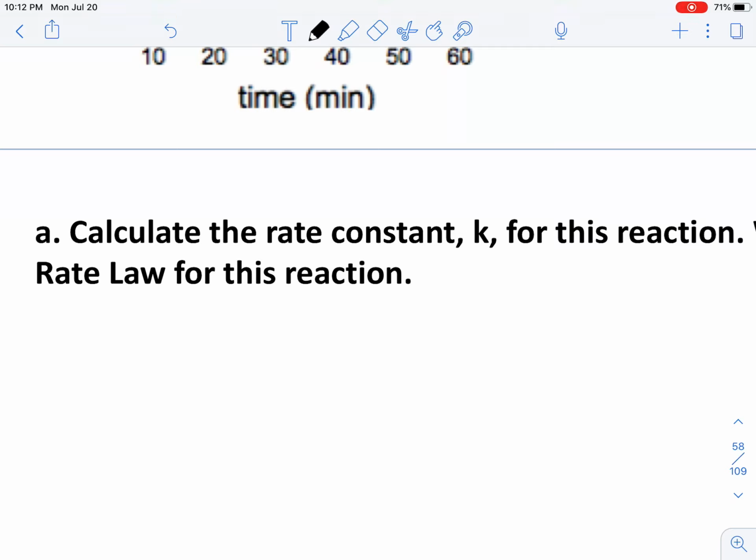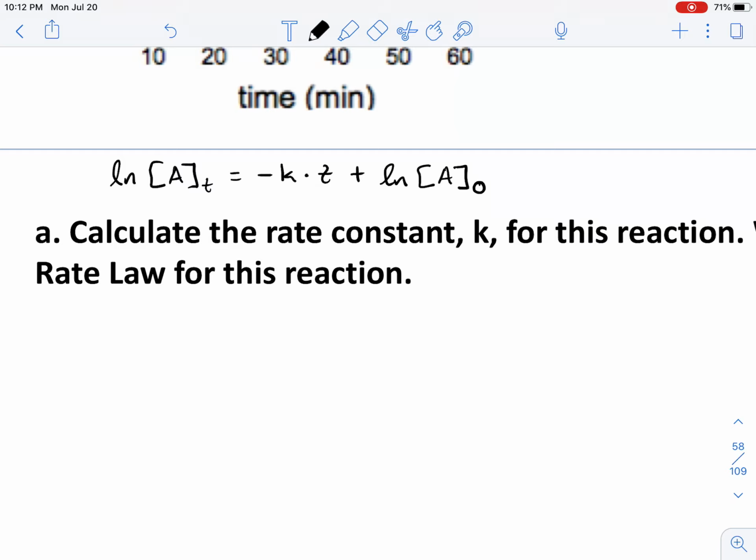One of those equations is the natural log of the concentration of reactant A at any given time equals negative k times time plus the natural log of the concentration of A at the initial time, or the initial concentration.